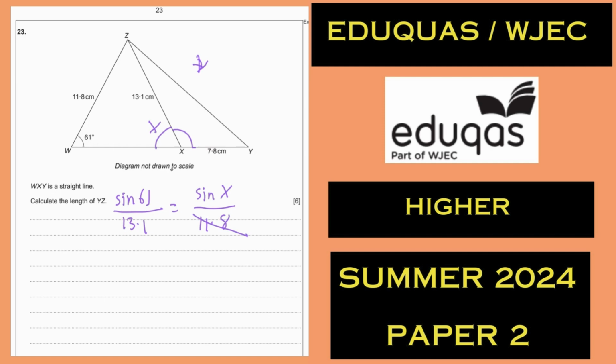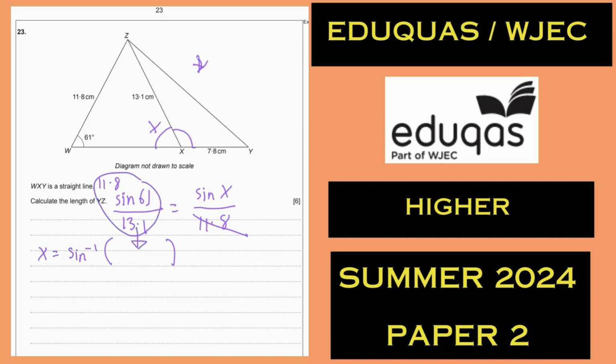We multiply both sides by 11.8. When you stick all that in your calculator, you are going to get a horrible decimal that hopefully begins 0 point something, because when you want an angle, your job is to inverse, shift or second function all that.